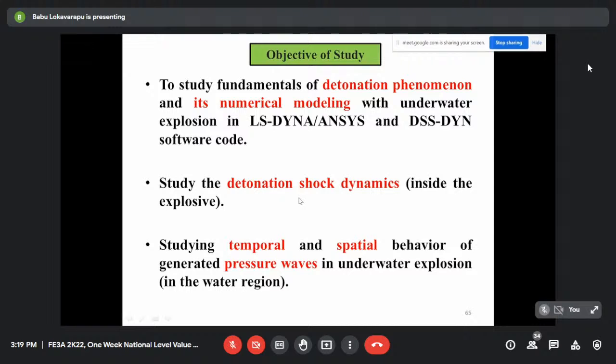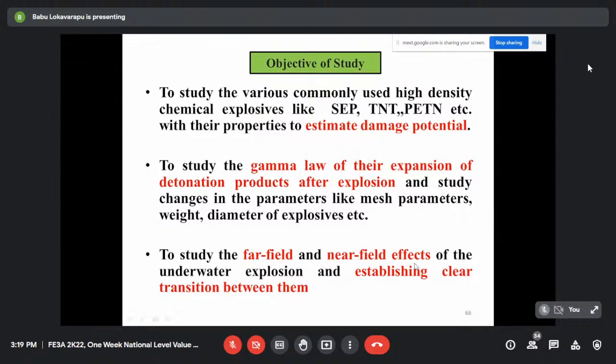Here, how the shock wave is initiated at the center and how it is traveling. Then we studied the temporal and spatial behavior of generated pressure waves in underwater explosion. Okay. So we have taken three explosives: SEP, TNT, and PETN. They are the explosives.